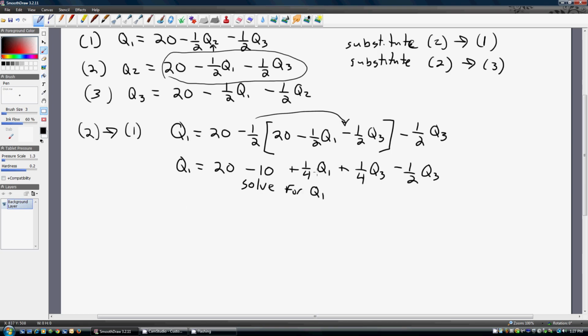So let's see, bringing this 1/4 Q subscript 1 over to the left-hand side, that will leave you with 3/4 times the output of firm 1.